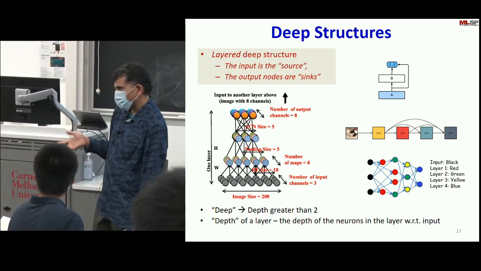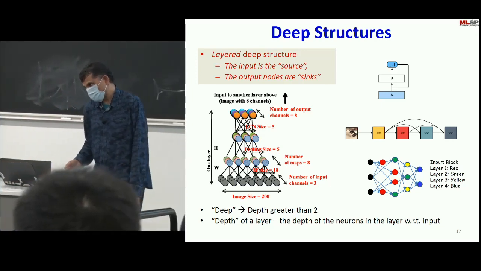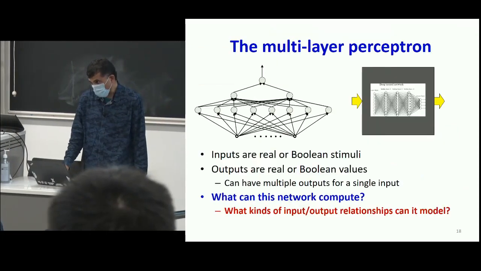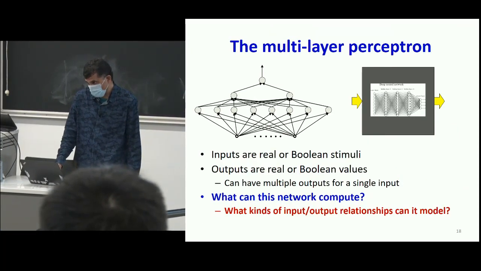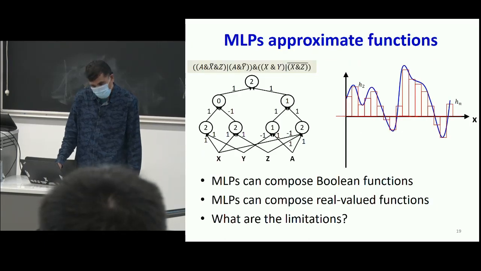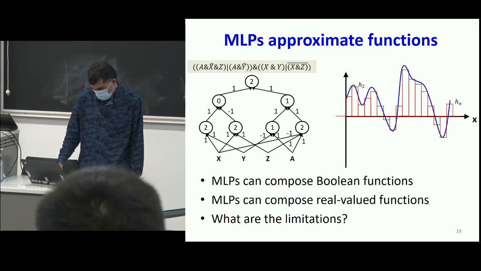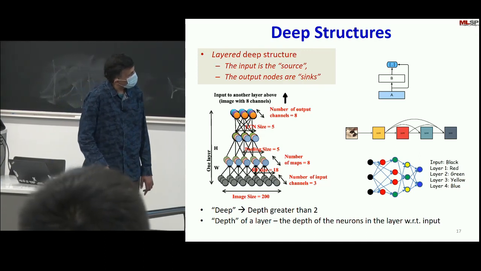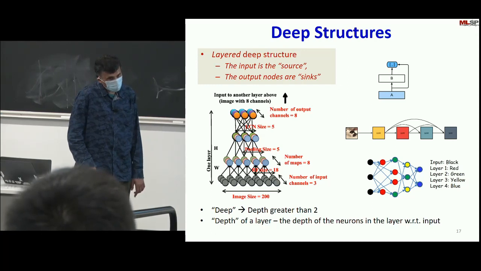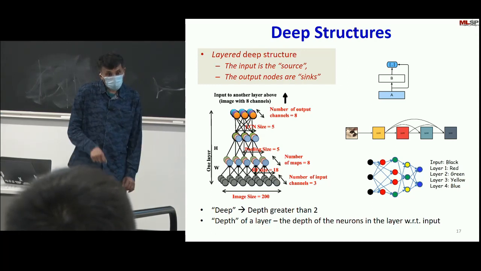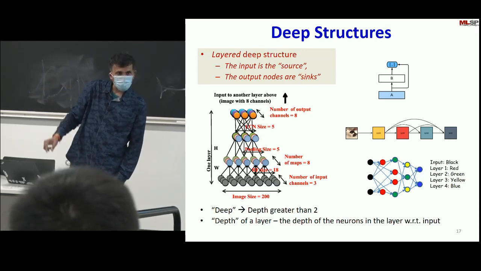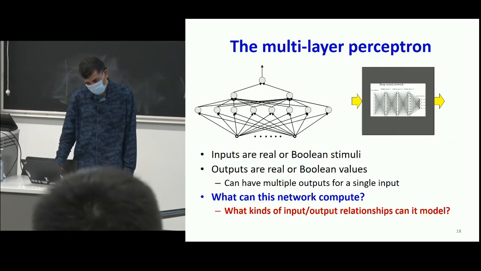Oh, I see. Those are all the sources in the graph. So it's just one source per input component. I have a question for the previous slide also. You said the depth for the left one is 3. So we don't count the input. It's the path. The input is the source. The output is the sink. The length of the path, right?